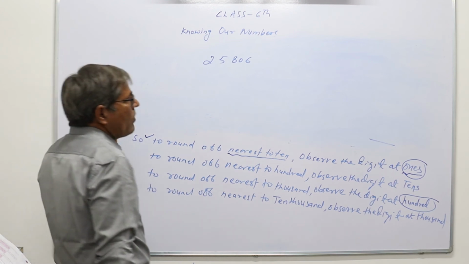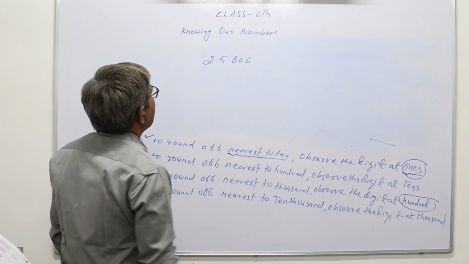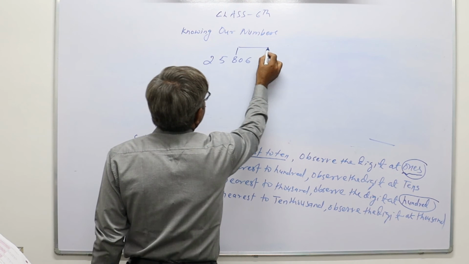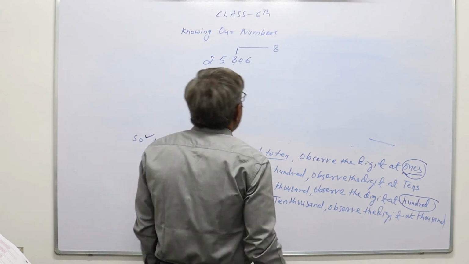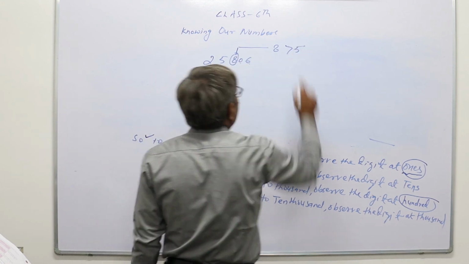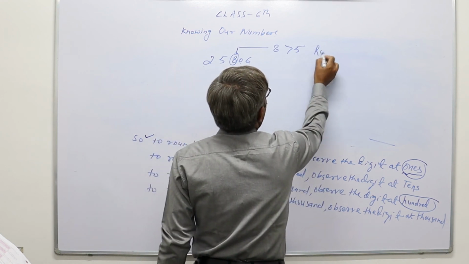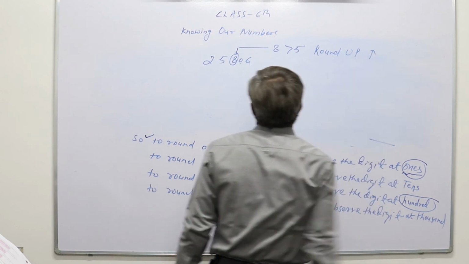To round off nearest to 1000, which digit will we observe? The digit at the hundreds place. Here the hundreds place digit is 8, and 8 is greater than 5. So what will we do? We will round up.